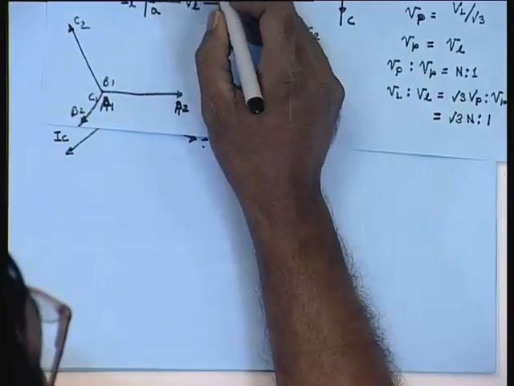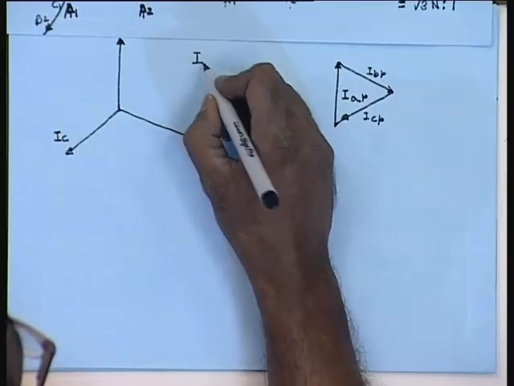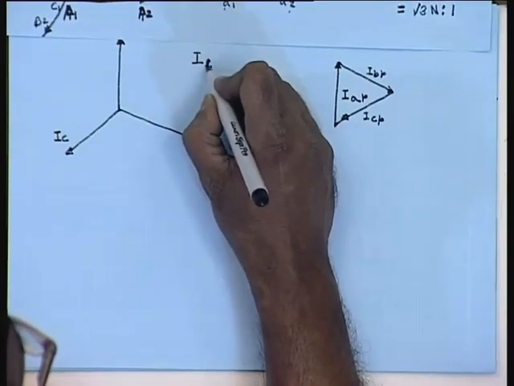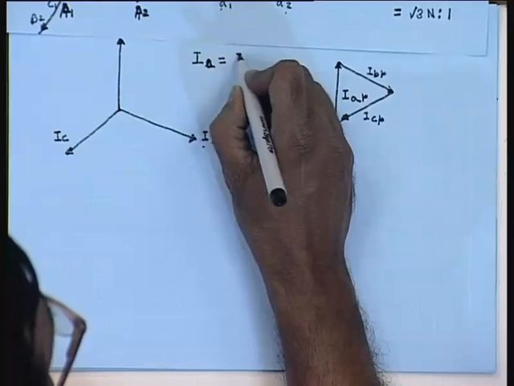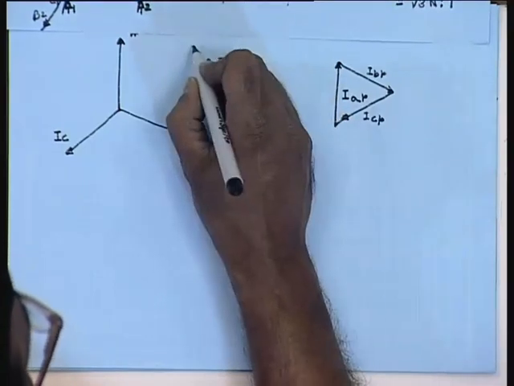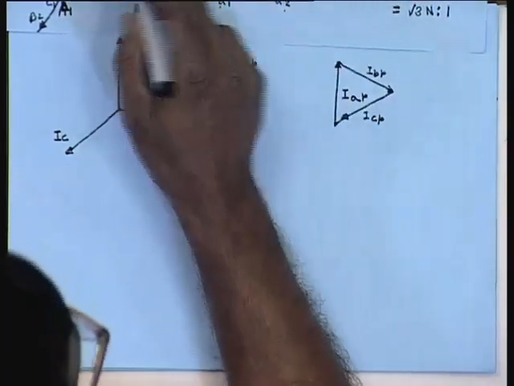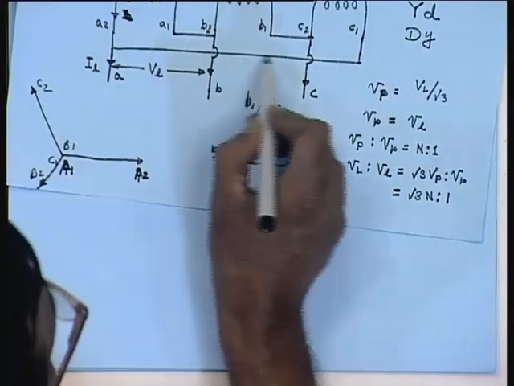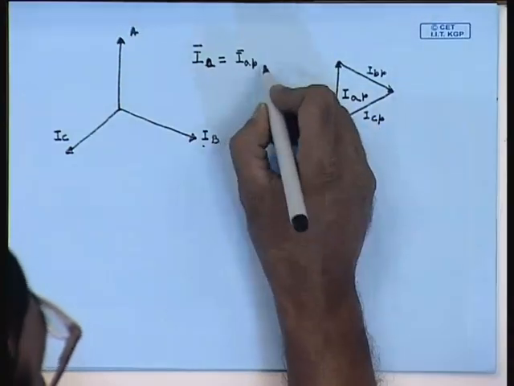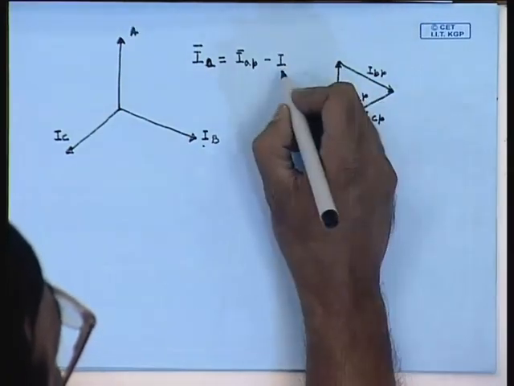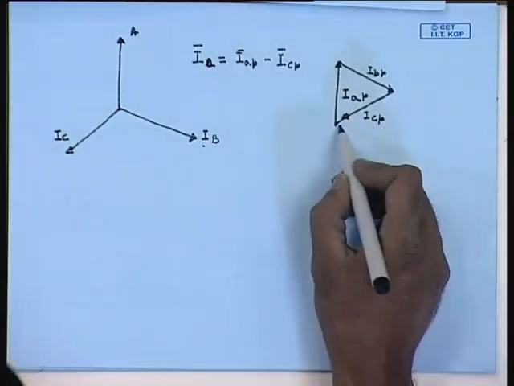This is line current I L of the A phase, which will be phase current I A P minus this current, which is the phase current I C minus I C P. So, this is I A minus I C P.